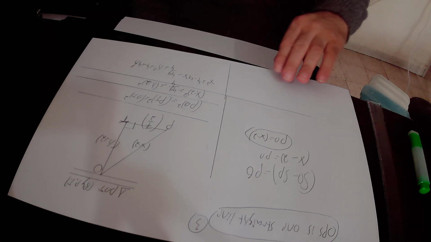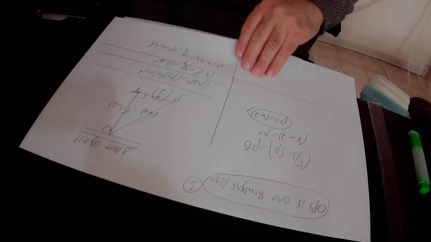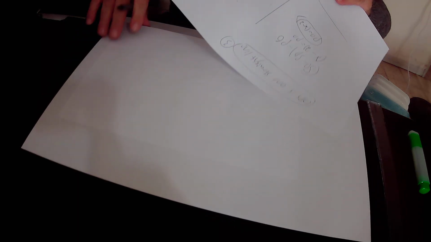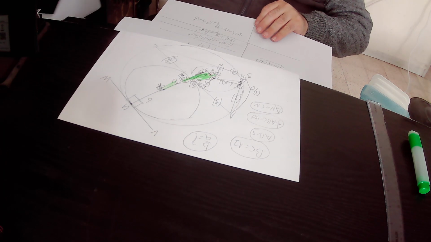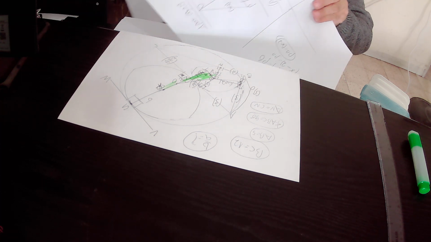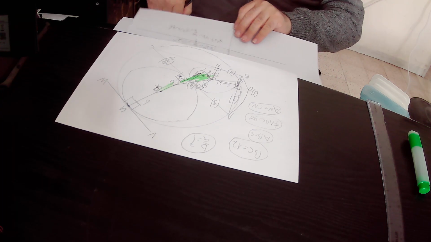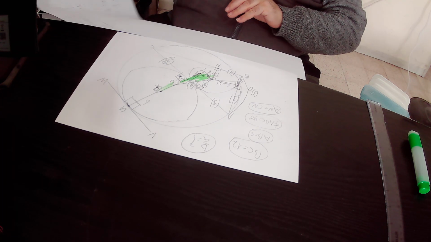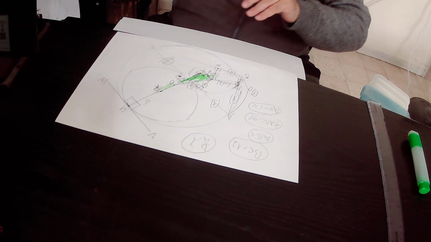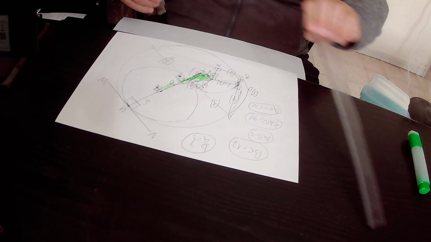So, in the next step, we join points O and C together by a straight line.